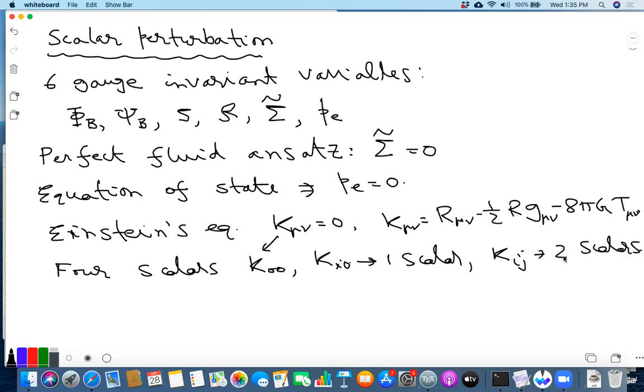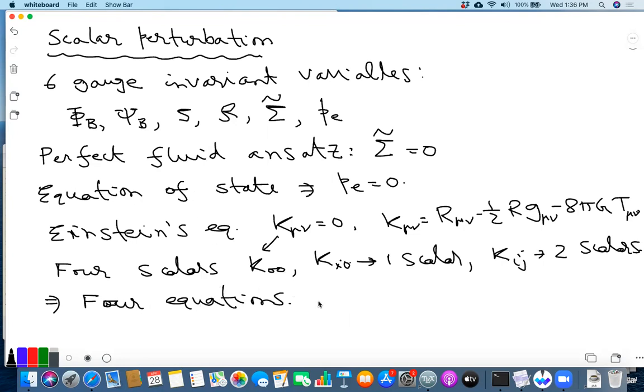One is a trace part, the other one is the double derivative del i del j of a scalar. So altogether 4 equations. And the idea now is that we'll try to solve those 4 equations for these 4 variables.